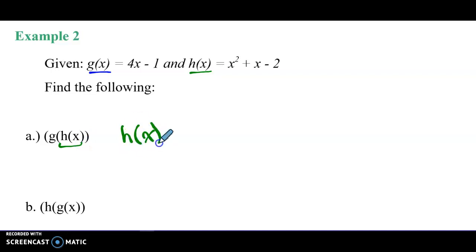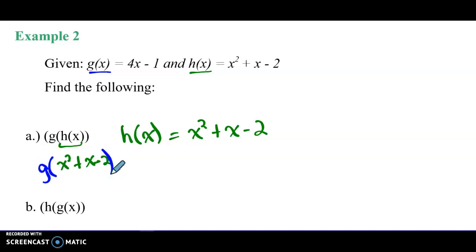H of x is equal to x squared plus x minus 2. So I'm going to end up using that function and replacing it into my function g. Okay. And what is g? G is 4x minus 1.